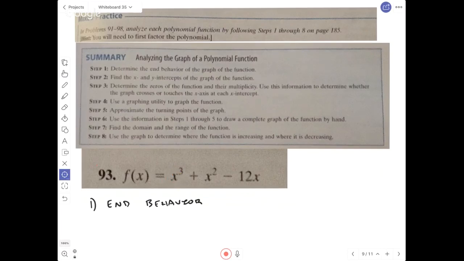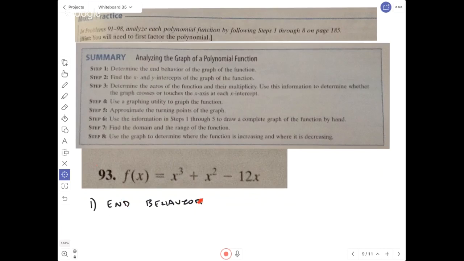Oh, Pablo's saying I should first factor it. Thank you, Pablo, for a suggestion on the factorization. I agree wholeheartedly. That's totally the factorization. We can actually factor a little further than what you've done, but that's the perfect start. But to analyze the end behavior, I don't actually need to do that. I won't need to do that until I get to step 2 and want the x-intercepts.